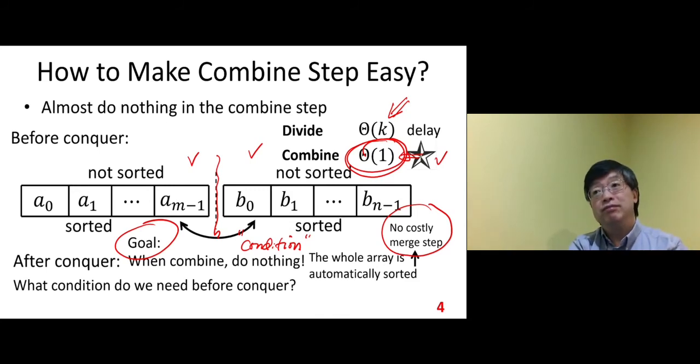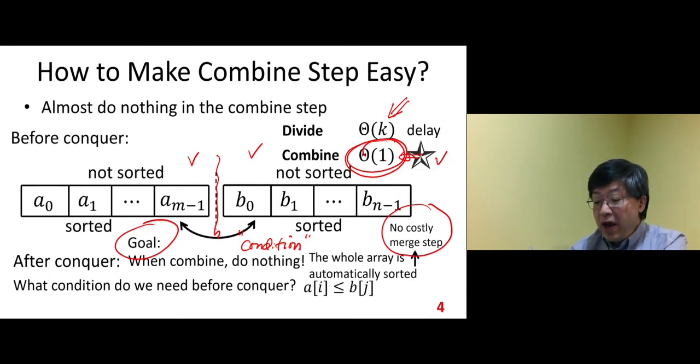It's possible. The condition is actually very simple. This is the condition: the value of any element in the A array is less than or equal to the value of any element in the B array.